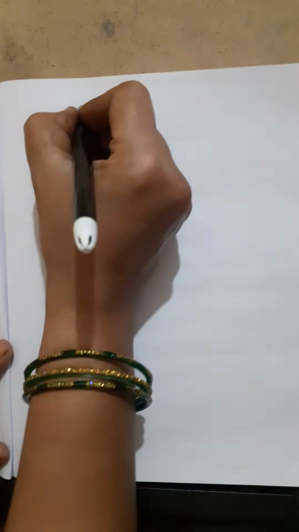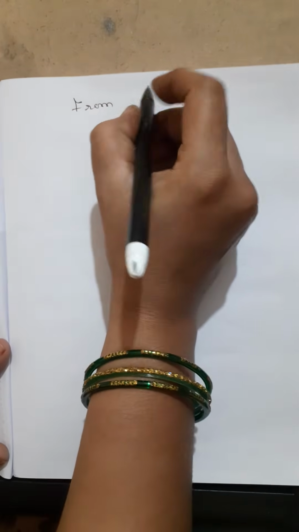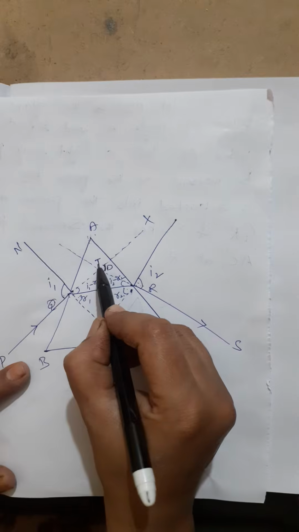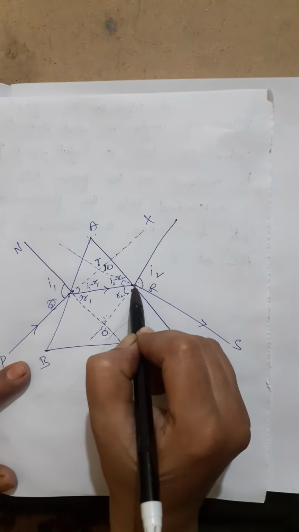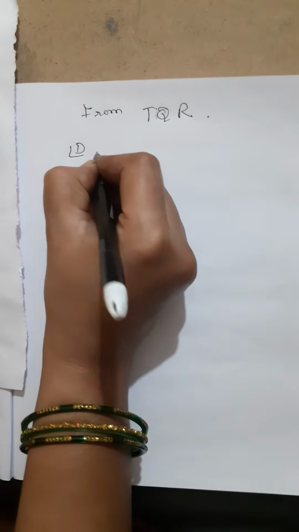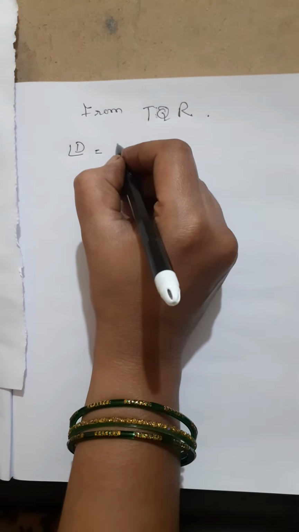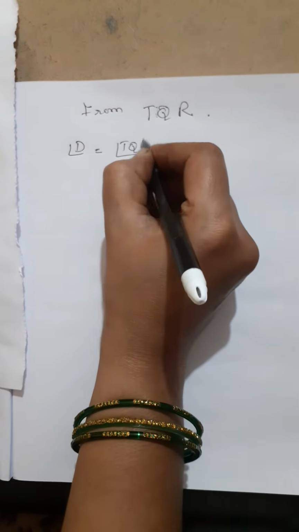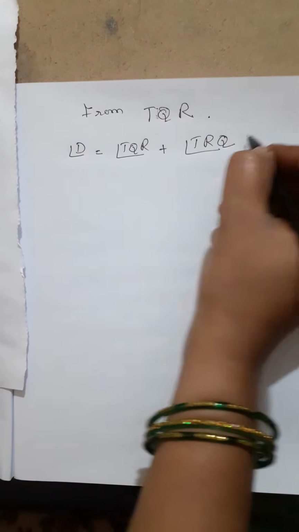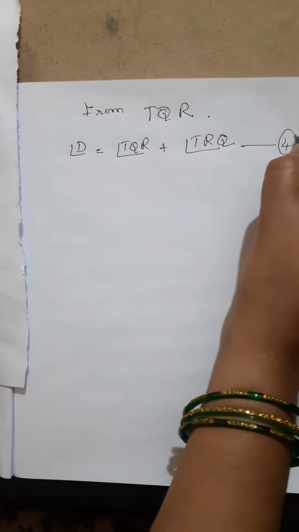Now consider the triangle TQR. The deviation angle D is equal to angle TQR plus angle TRQ, and let us take this as the fourth equation.